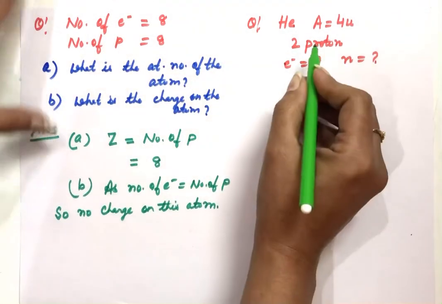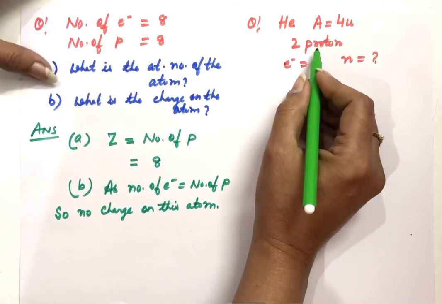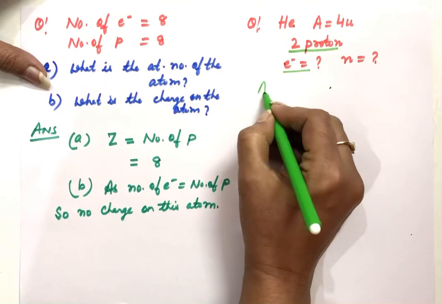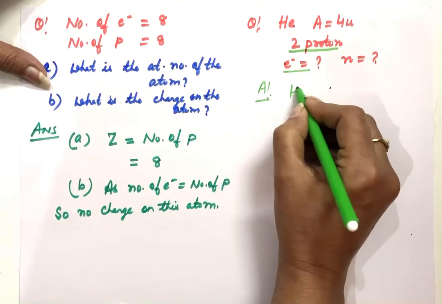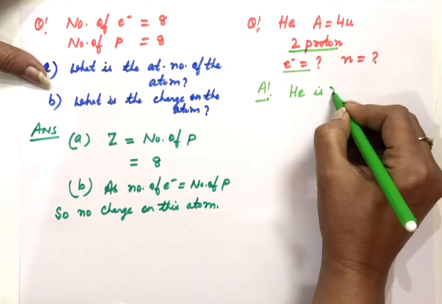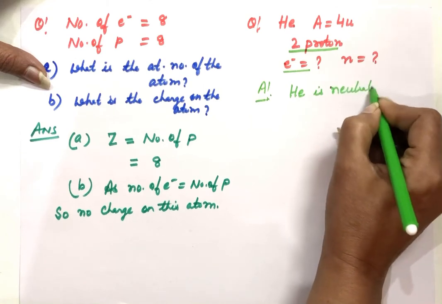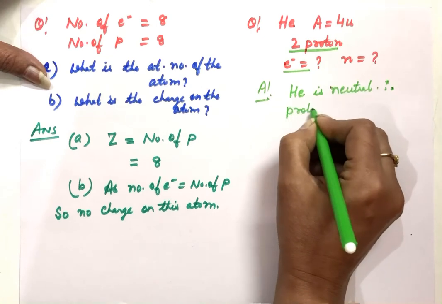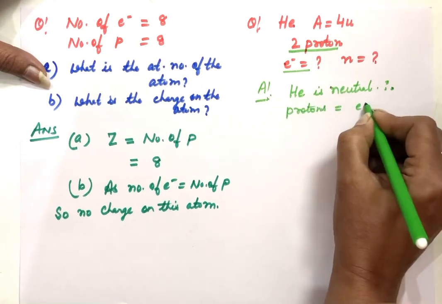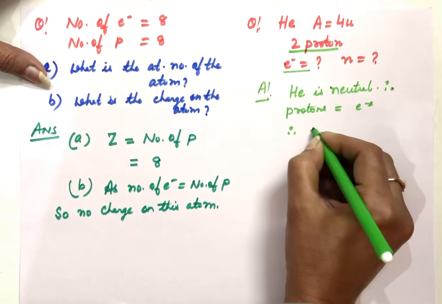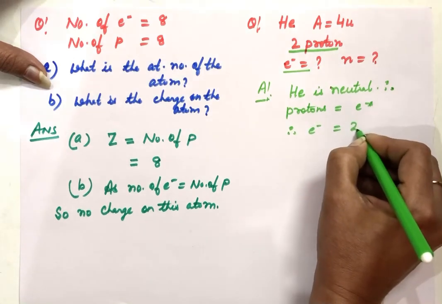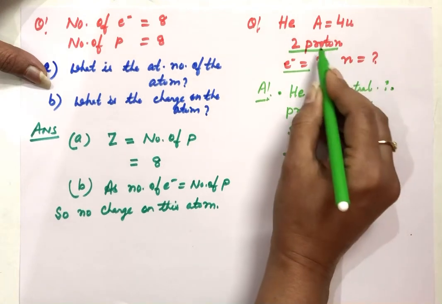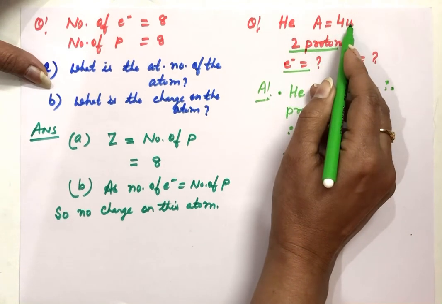Now, since this is a neutral atom, that means protons are always equal to number of electrons. So answer here is helium is neutral. Therefore, protons are equal to electrons. Therefore, electrons are equal to 2 in number. This is the first part. Then second part is neutrons, and 4 u is the mass given here.